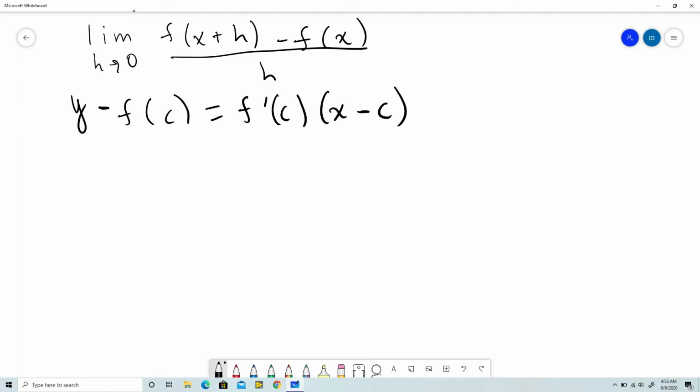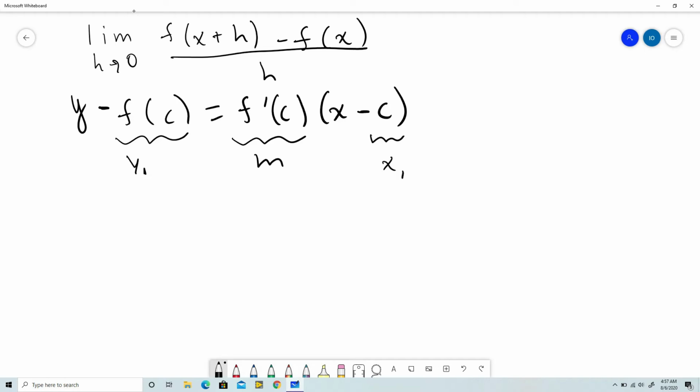This is point slope form right here. f of c would basically be y1, and f prime, we haven't discussed this yet, but it's just the slope, the derivative. For the example that we just did, this m would basically be 6. And then c is just x1.